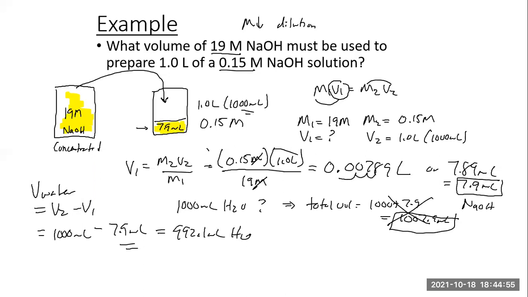of water. So in this case, with the 7.9 milliliters, we would put in there 992.1 milliliters of water. 992.1 plus 7.9 gives us a grand total of 1,000 milliliters, or 1 liter, which is what we're looking for.